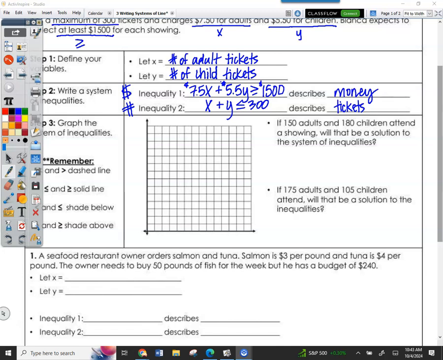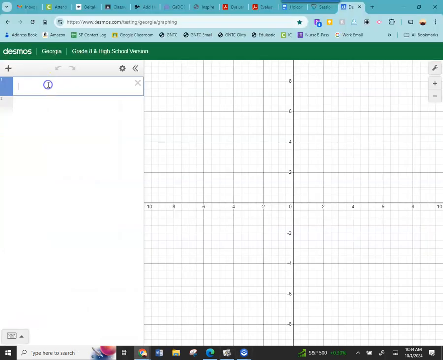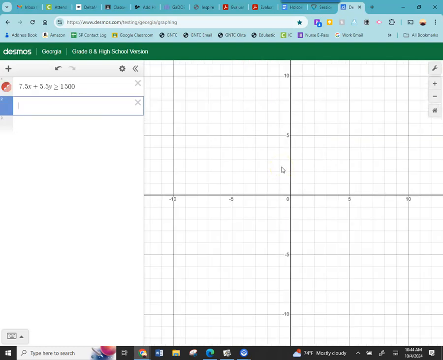I'm going to pull it up on Desmos and show you how to adjust. What was the next one?